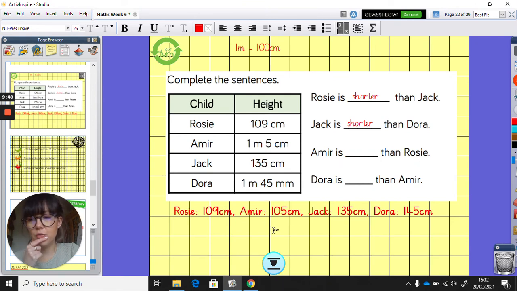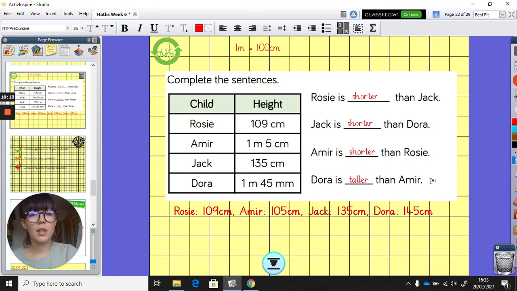So Amir is 105 centimetres and Rosie is 109 centimetres. So therefore, Amir is shorter than Rosie. Not much, only by 4 centimetres. Dora, 145, is something than Amir, 105. So Dora is taller than Amir.